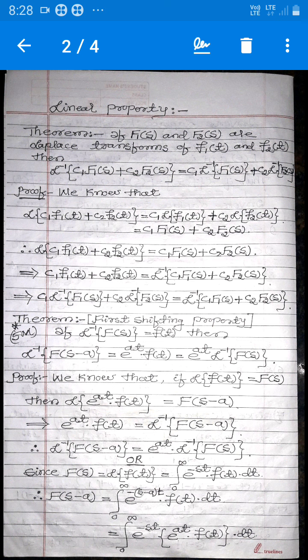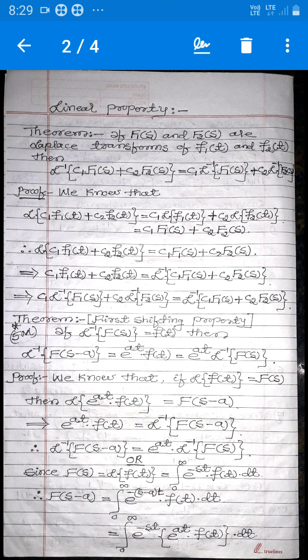Hence, F(s minus a) is equal to the integration from 0 to infinity of e raised to minus (s minus a) t into f(t) dt. Simplify the exponential function: e raised to minus st into e raised to at. Keep e raised to minus st as it is, and write the remaining term, e raised to at into f(t), in brackets, into dt.